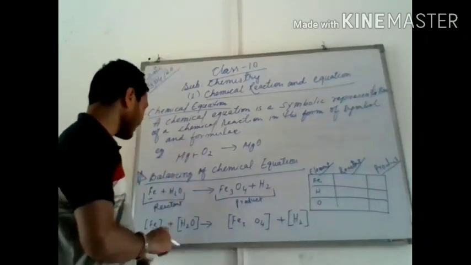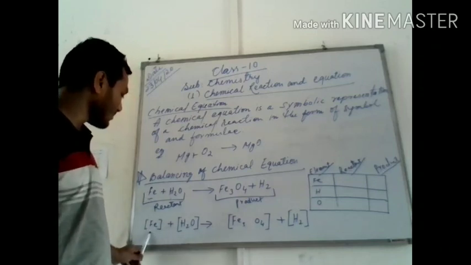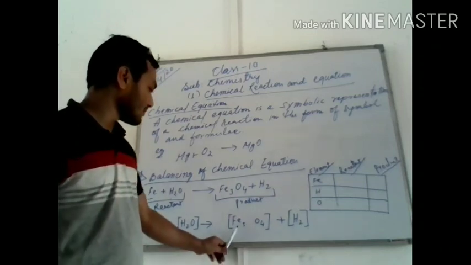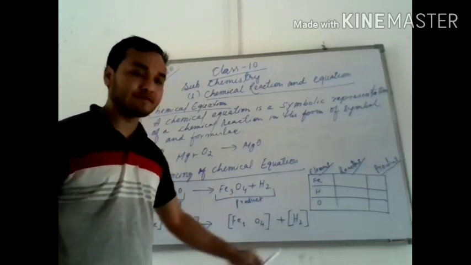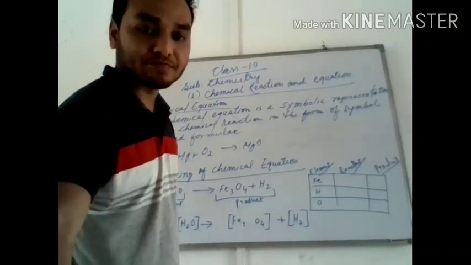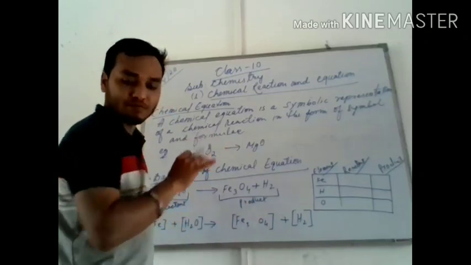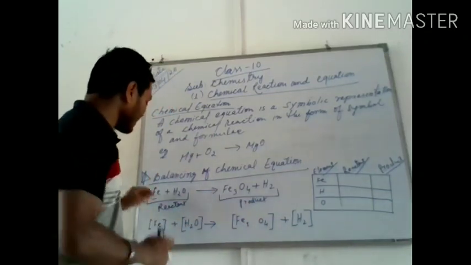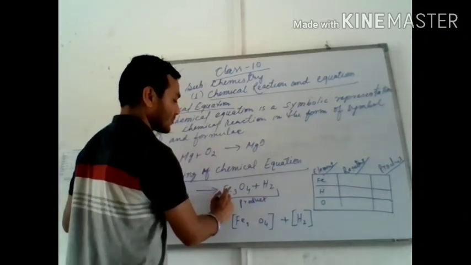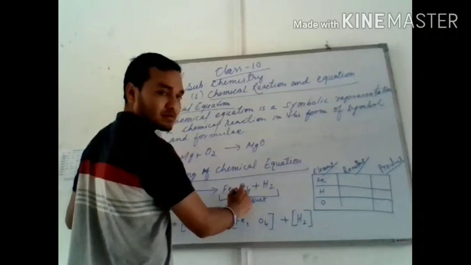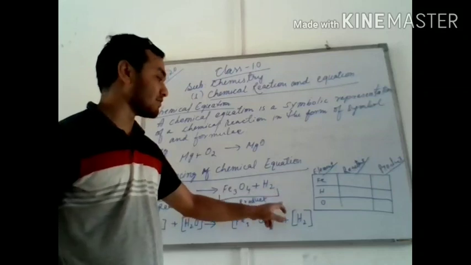Here you see, I just made a box of Fe, iron, H2O, Fe3O4, and H2, totally different. So now we have to start balancing. Since this iron is a solid, H2O is a liquid, here iron is a solid, and oxygen is a gas, and this hydrogen is in gas form.